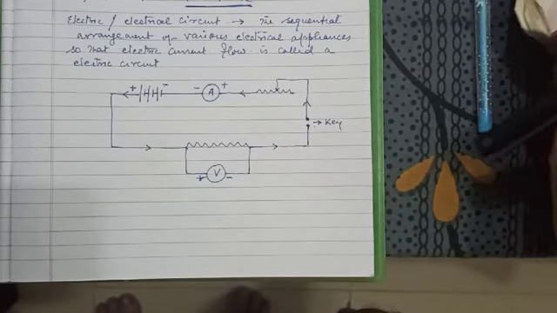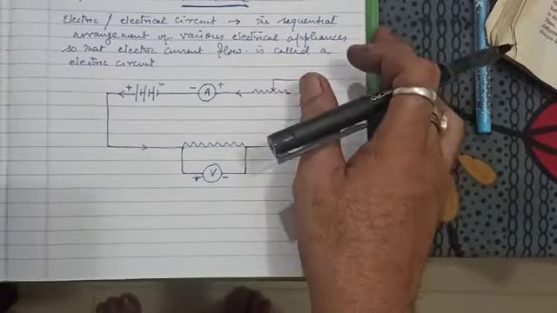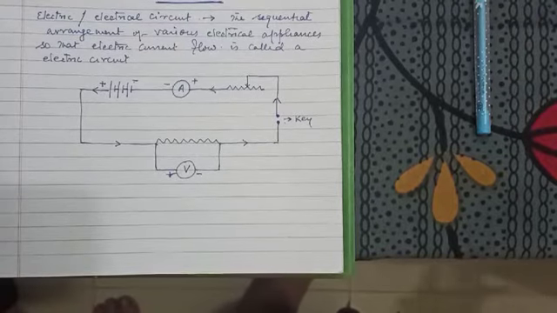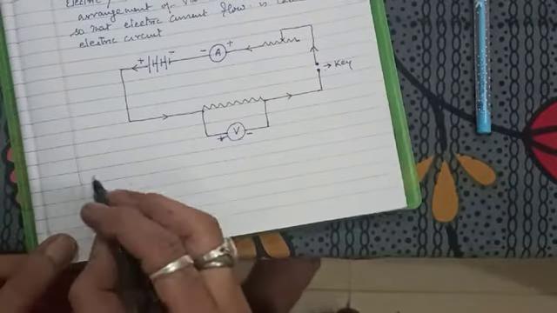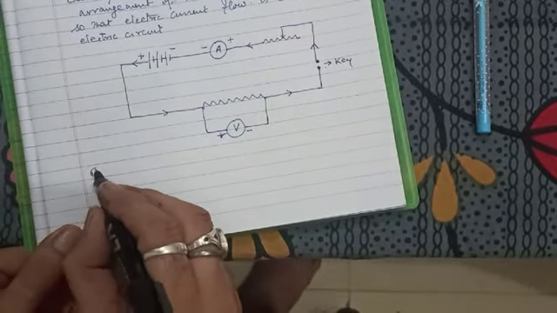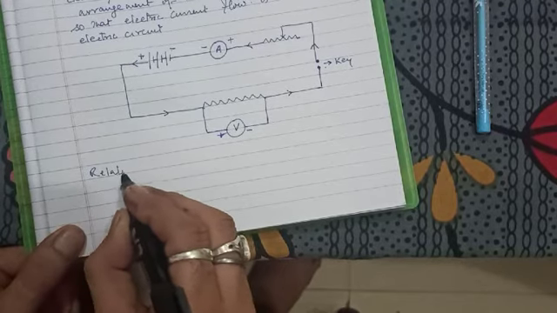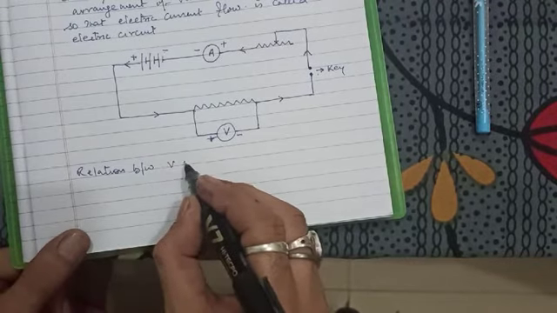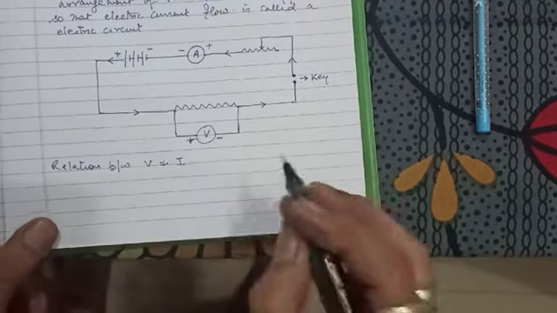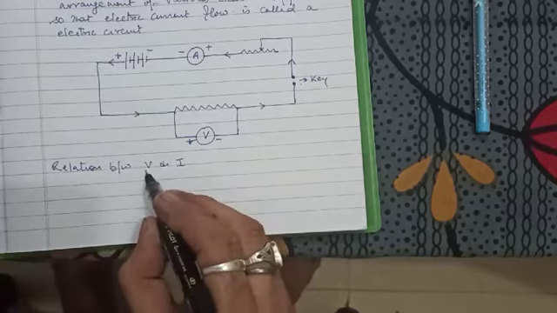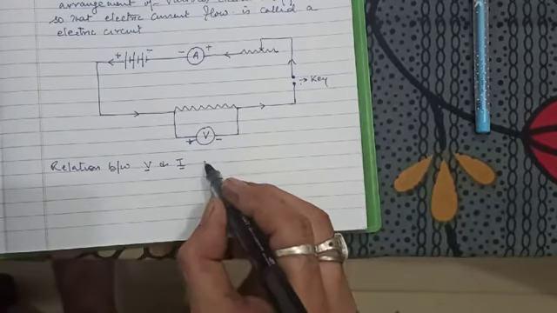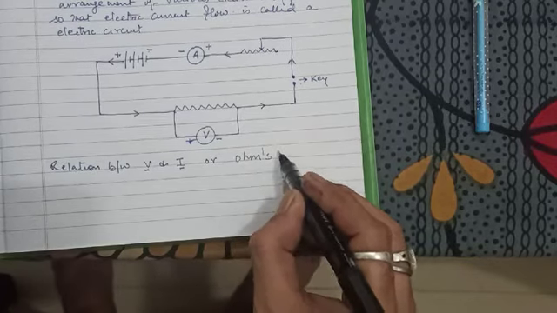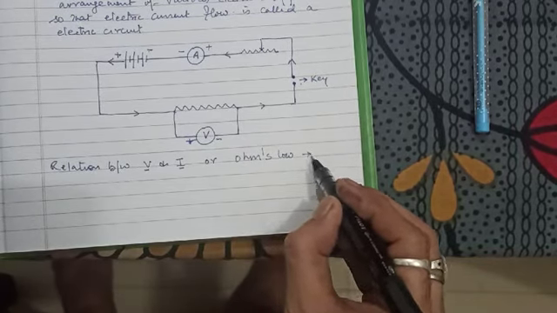Now after this I have another topic, that is the relation between V and I. V is the potential difference, I is the current, and it is also called Ohm's law.